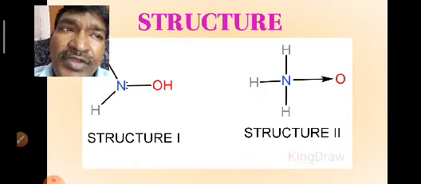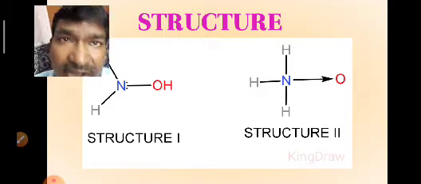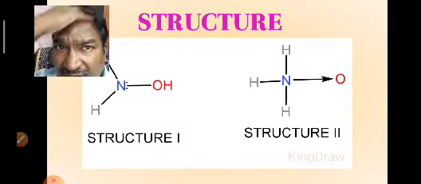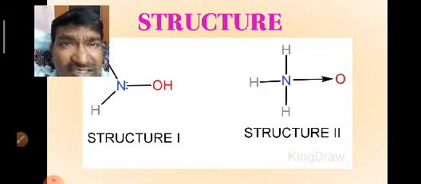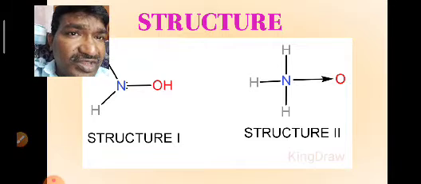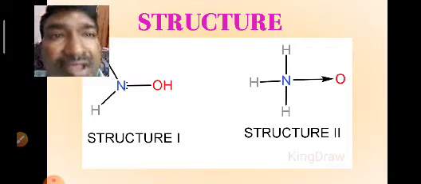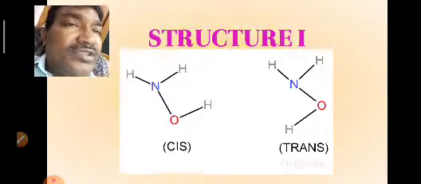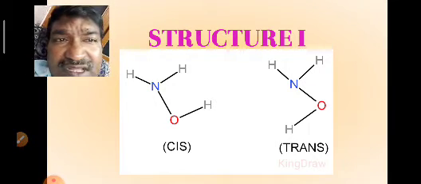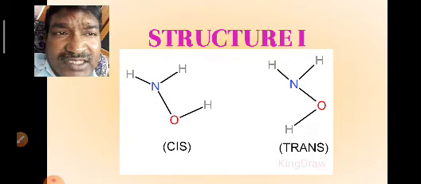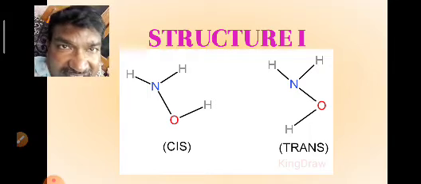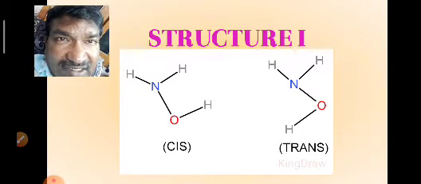The bond between nitrogen and oxygen is a coordinate covalent bond. So two types of structures are proposed for hydroxylamine. Moreover, we have to remember that structure 1 exists as two isomers, one is the cis and the other one is the trans isomer.